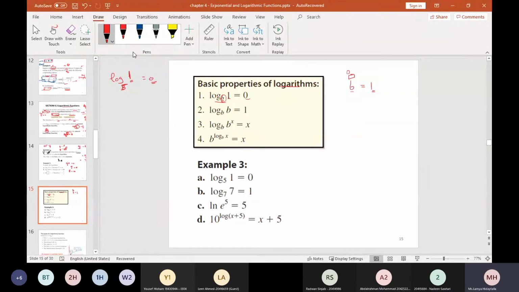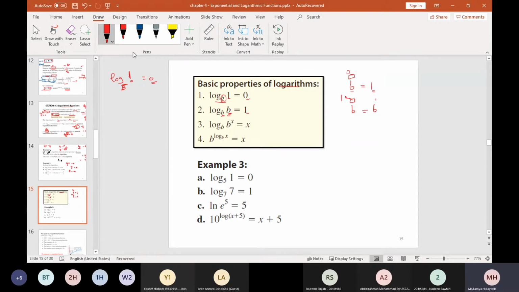The second property: log b to the base b is equal to what? b to which power is equal to b? This is b to the power 1. So this one should equal 1. So always logarithm b to the base b is equal to 1.